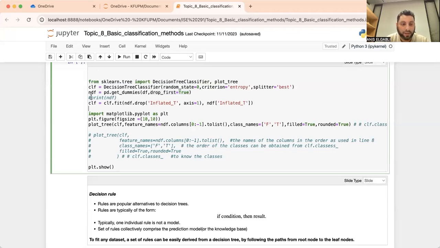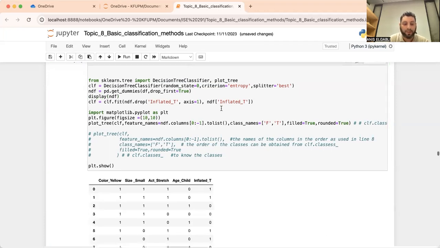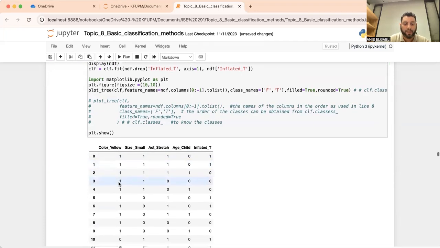Maybe let me print it here or display it. Okay, before we go to the next thing here, this is it, okay? The same number of features, the value is either 1 or 0. For example, take age underscore child.